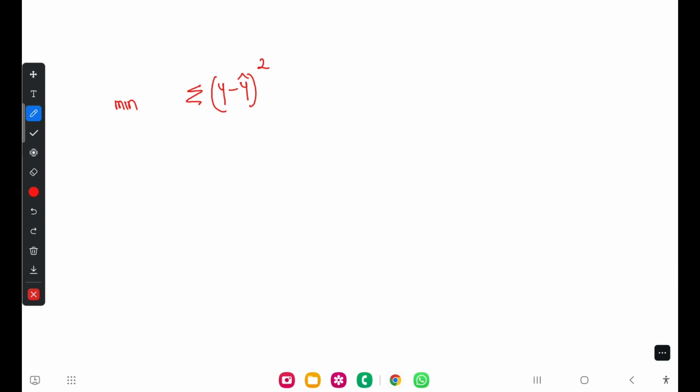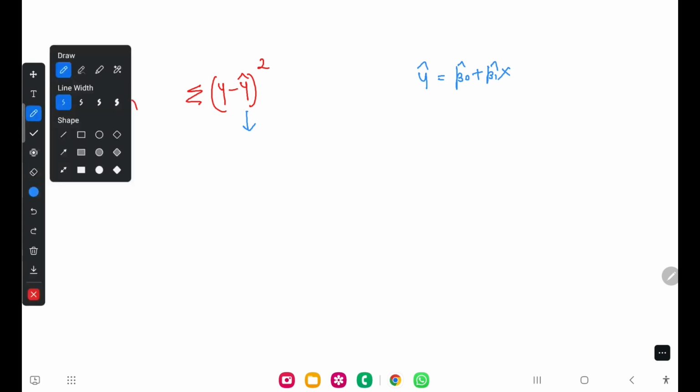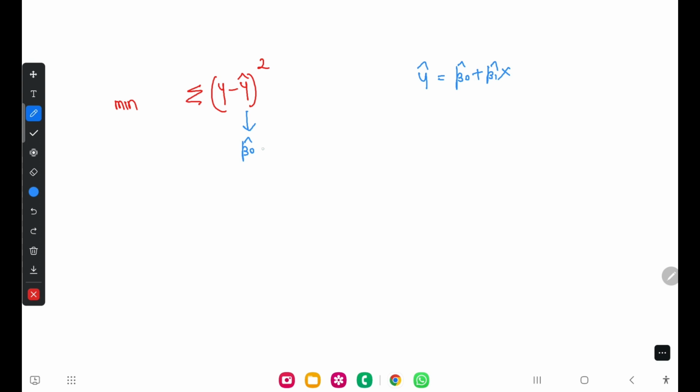Since y cap is the prediction line, beta naught cap plus beta 1 cap x, instead of y cap I can write beta naught plus beta 1 x.